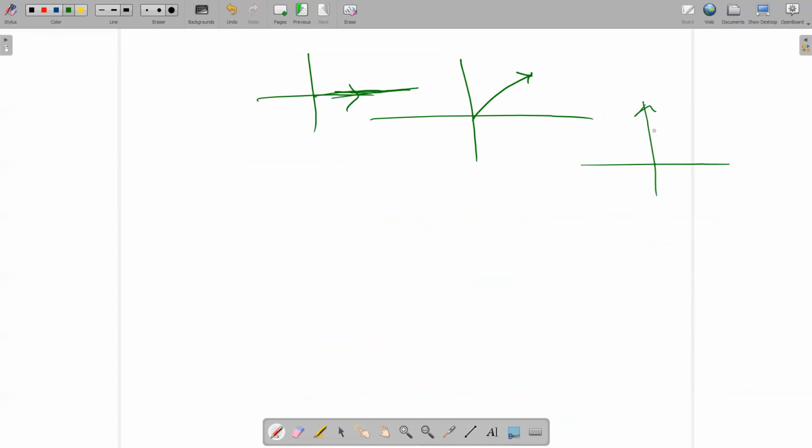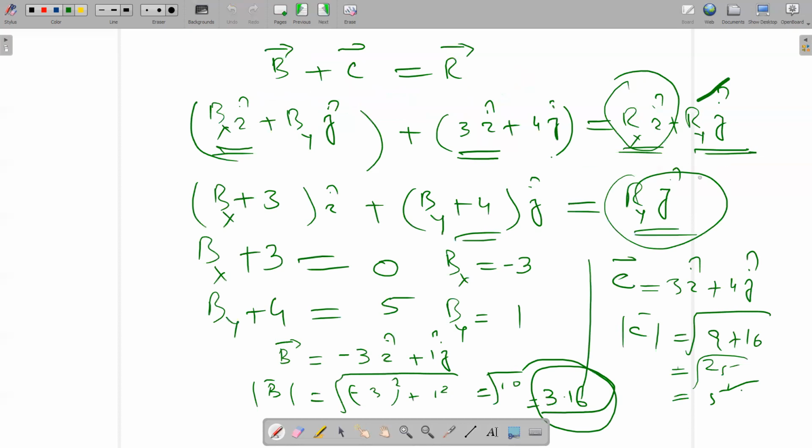It has 1 component, only along the y-axis. Y-axis means j direction. X-axis means i direction. So in the question, it is written that it is only along the positive y direction. So positive y direction means only j component and Rx is 0. That's why.